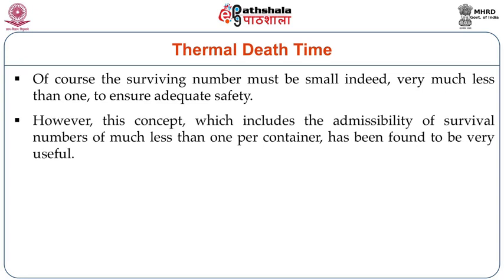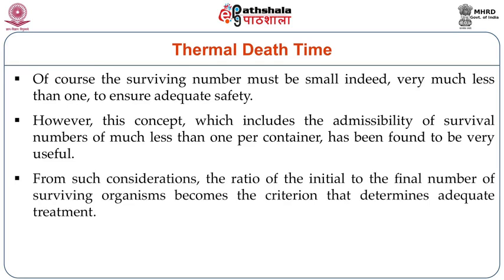However, this concept, which includes the admissibility of survival numbers of much less than 1 per container, has been found to be very useful. For such considerations, the ratio of initial to the final number of surviving organisms becomes the criteria which determines adequate treatment.